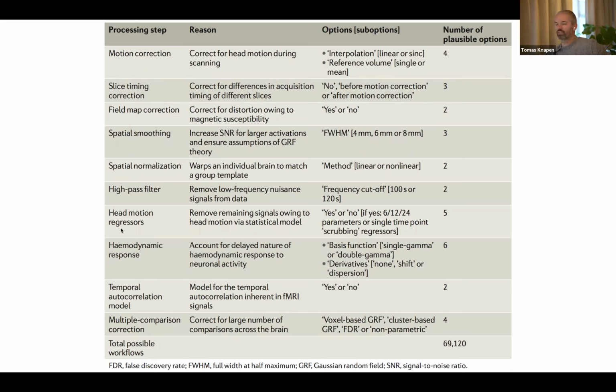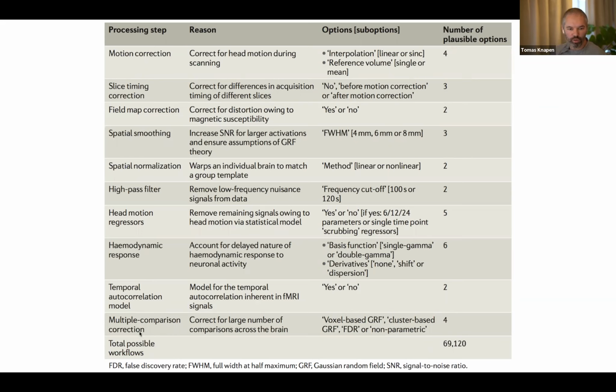This is from a review that highlighted the problems with the fact that this is such a complicated machinery that we build before we even start analyzing our data. As you see below here, there are choices that you can make for each of the different steps. You can do some different type of motion correction, some different type of field map correction. You have a bunch of different choices that you can take at each of these steps.